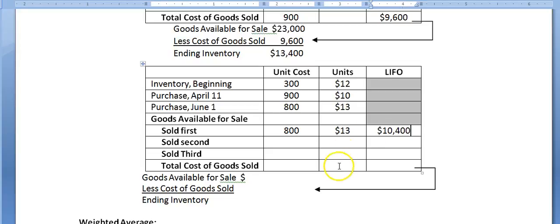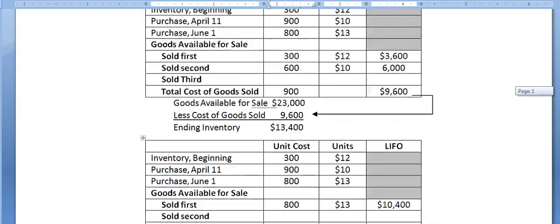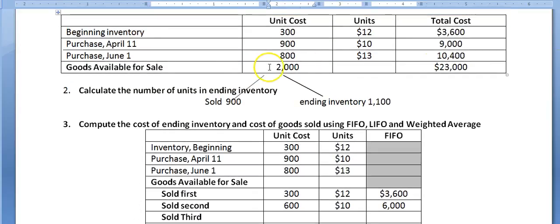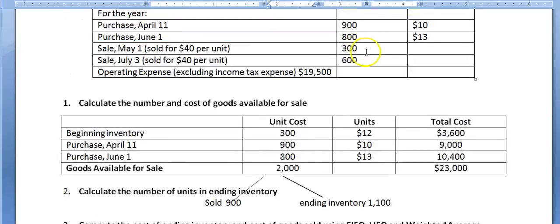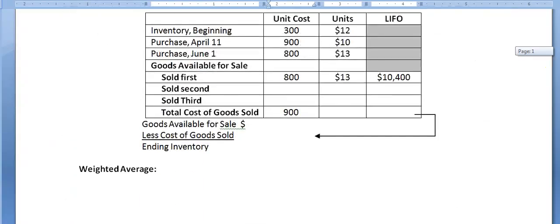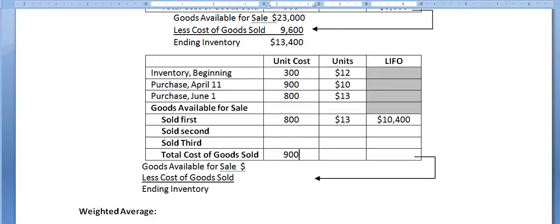$10,400. Remember, we want to come up with a total of 900 units sold in all. Why? Because that's how much we said we sold. We got that number from the chart up here, sale of May 3rd and the sale of July 3rd. So we want to add up to a total of 900 units sold. We said we would have sold 800 of these of the last purchase if we were using LIFO.